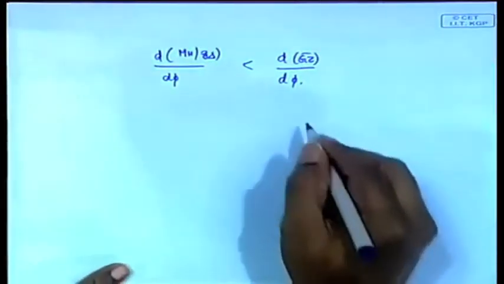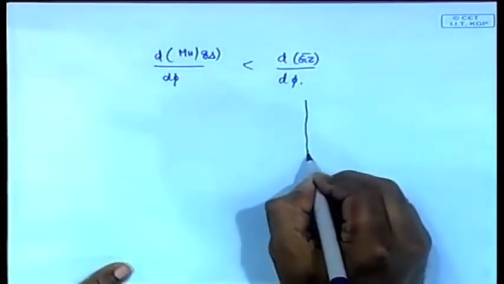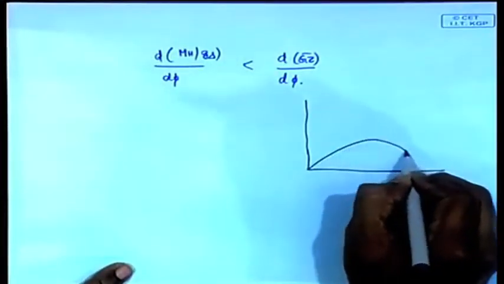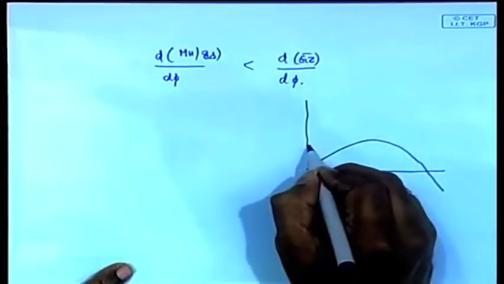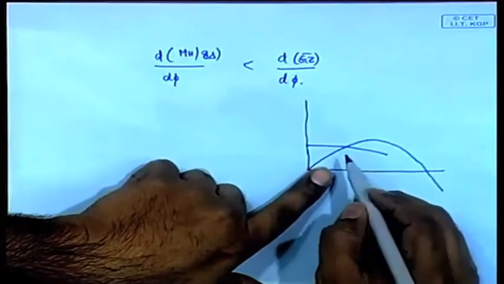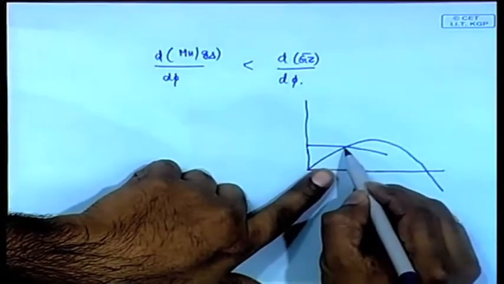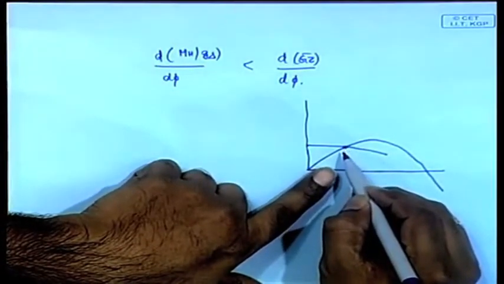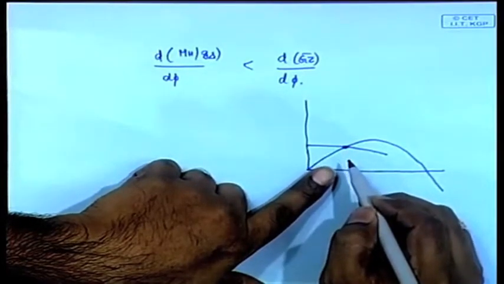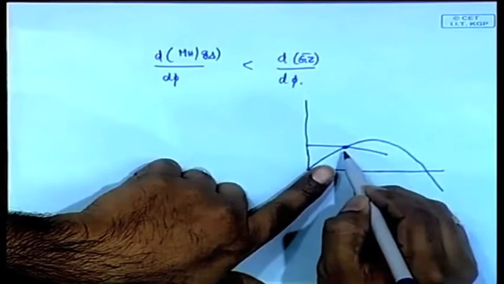I will tell you what it indicates. Suppose you have this. What the first condition says is that the heeling moment and the righting moment are equal at this point. This is a condition of equilibrium, stability, lower potential energy, so it is a condition of stable equilibrium.